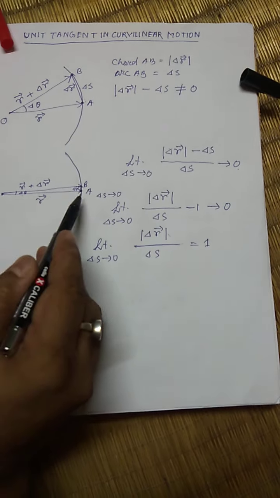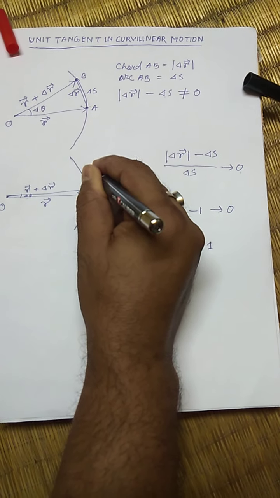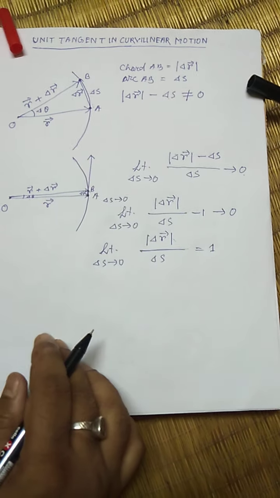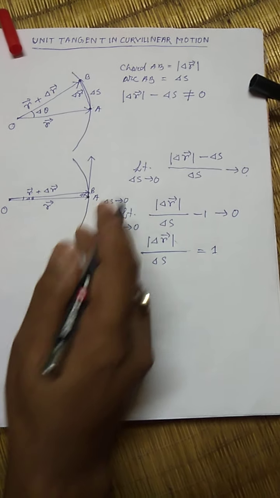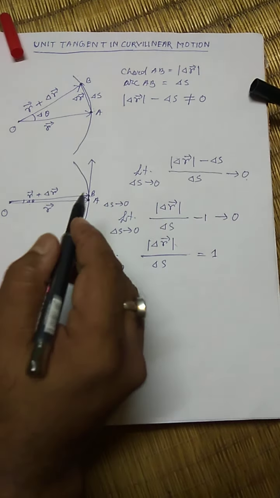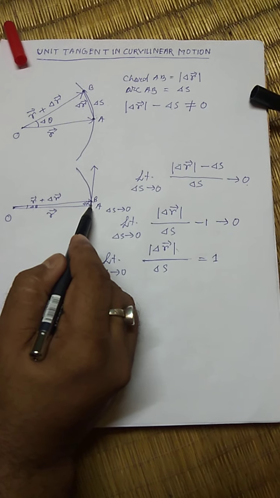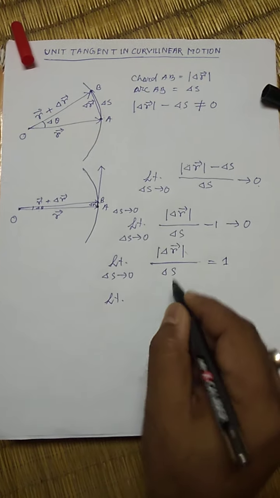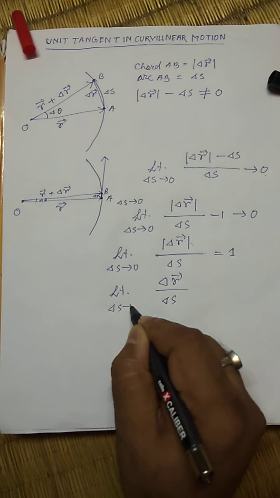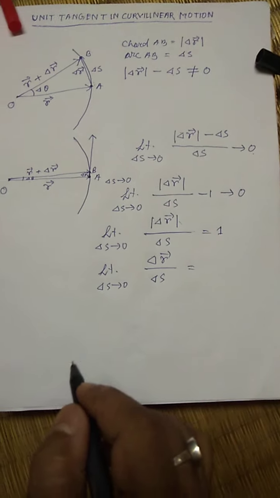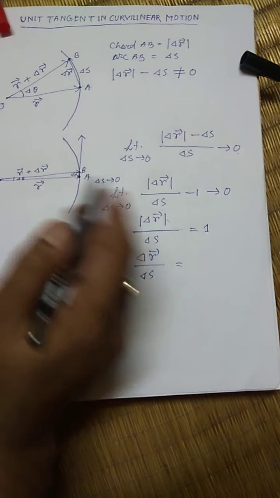If we produce the join of point A and point B, we get the direction of the tangent drawn to the curve at point A or at point B. Thus, the minute displacement is directed along the tangent drawn to the curve at point A. Then the limit of delta vector r upon delta s when delta s tends to 0 would have unit magnitude and the direction is along the tangent drawn to the curve at point A.